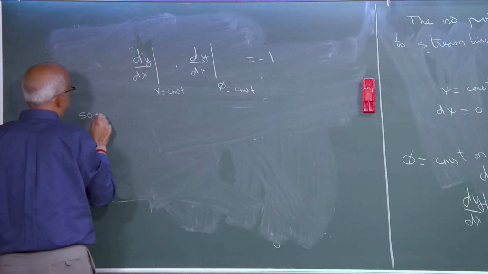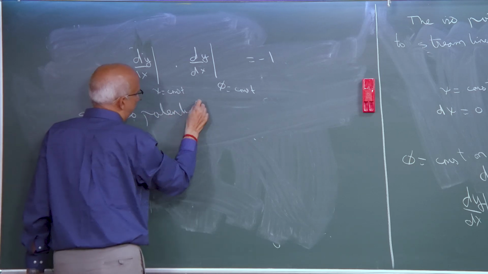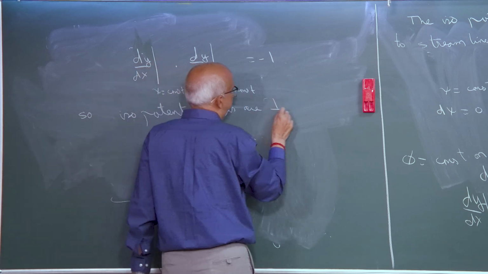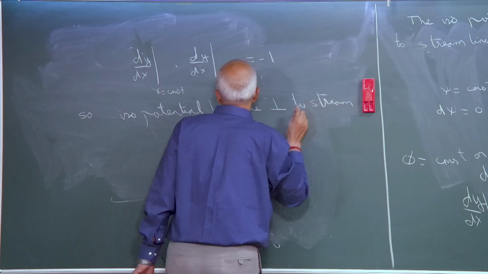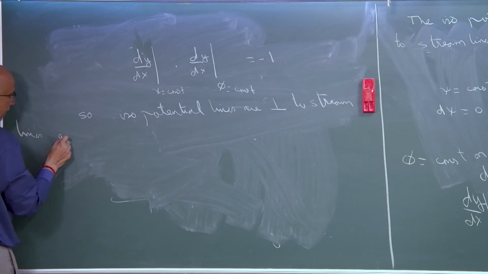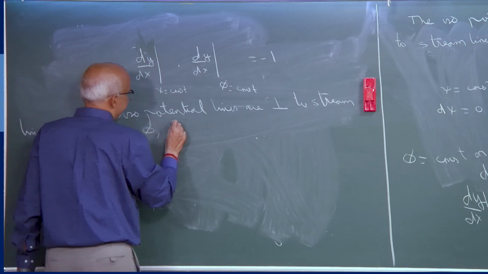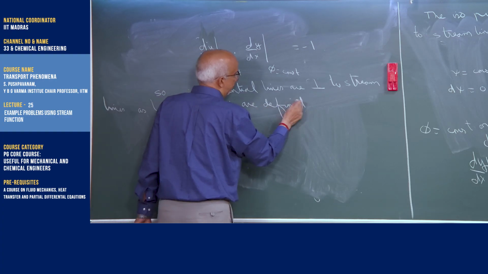So, isopotential lines are perpendicular to streamlines, as long as phi and psi are defined.